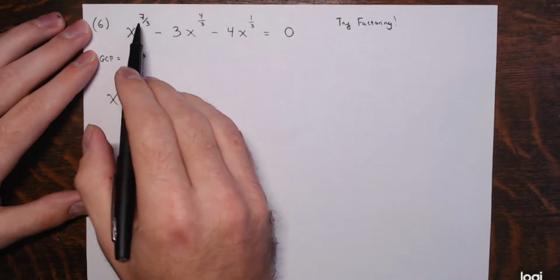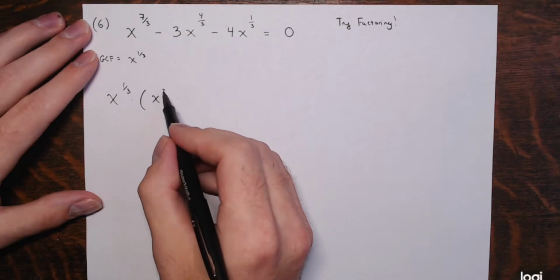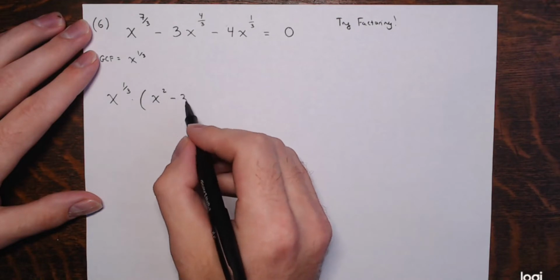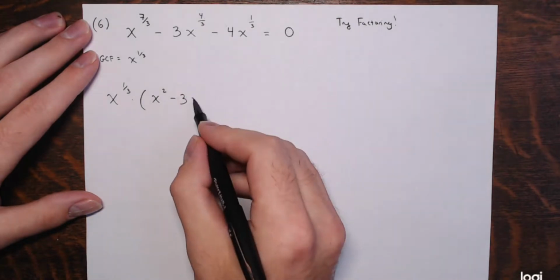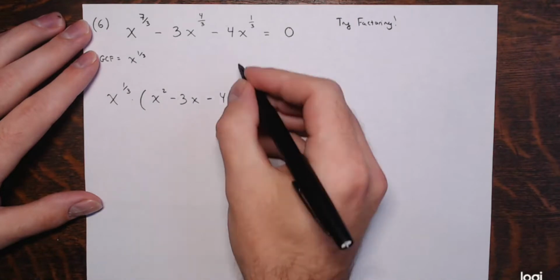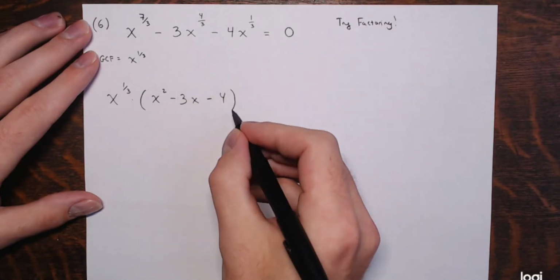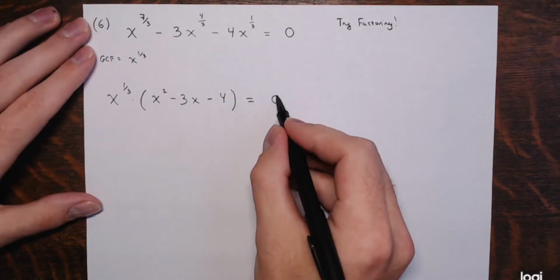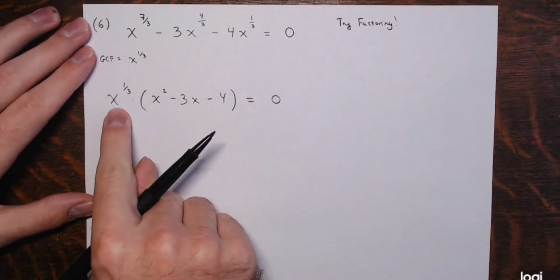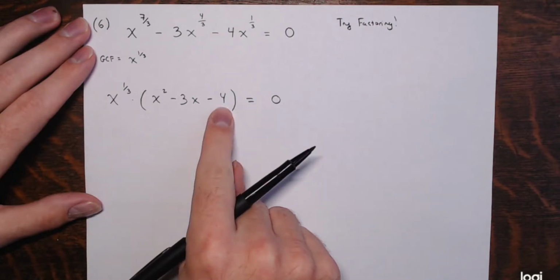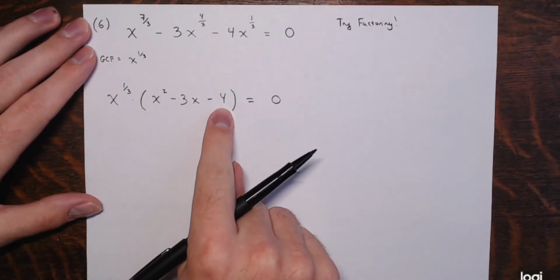So you have x to the 6/3, which would be x squared, right? Minus 3 times x to the 3/3, which is just x to the first. And then minus 4 times x to the 0, which is just 1, right? So minus 4. All right, and we have equals 0 still, and now I have x to the 1/3 as one factor, and then x squared minus 3x minus 4, a quadratic polynomial, as the other factor.